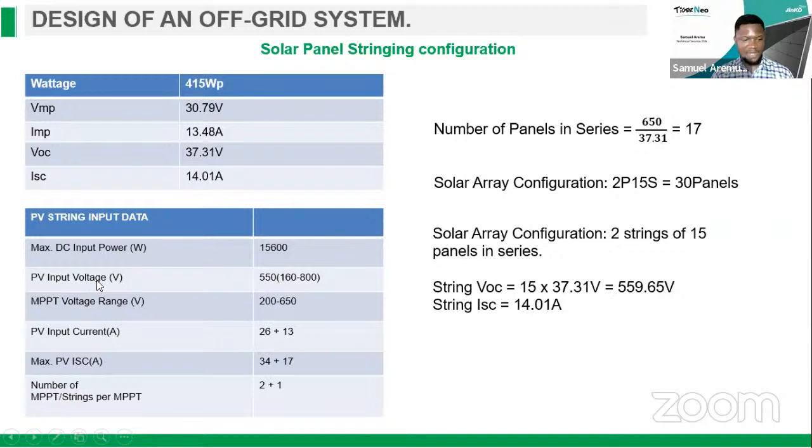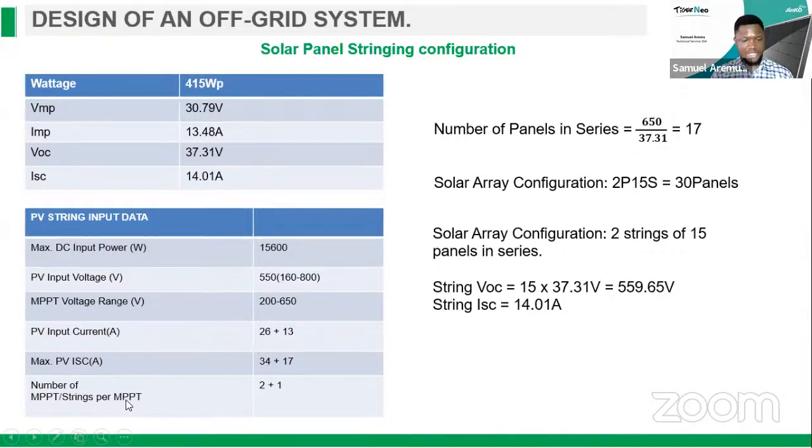And then the PV input voltage range is from 160 to 800 volts. MPPT voltage range, that means the charge controller embedded in the inverter operates best between 200 volts and 650 volts. And also the maximum PV input current is 34. Before I go there, let me explain this.